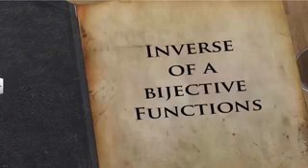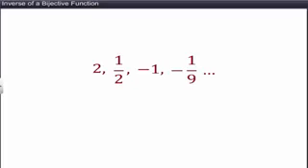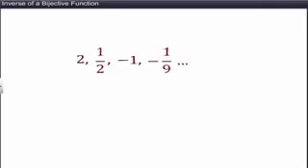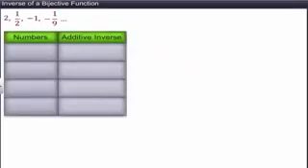In this module, you will study the inverse of a bijective function. Right from your school days, you learned to find the inverse of real numbers. For example, the additive inverse of 2 is minus 2. The additive inverse of 1 by 2 is minus 1 by 2.